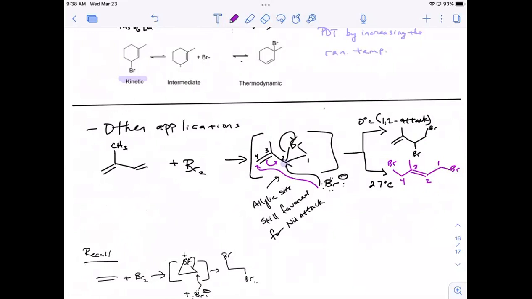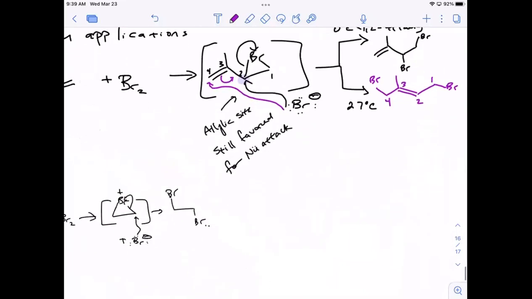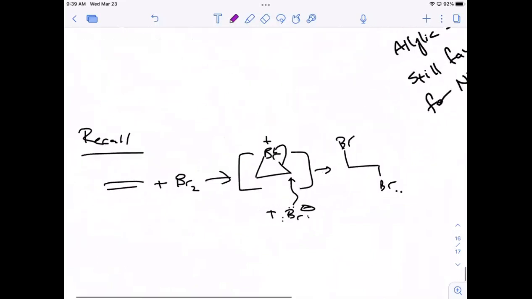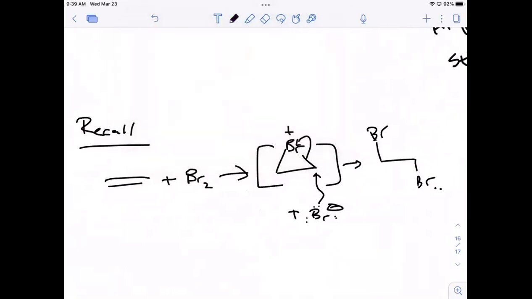And they may seem trivial, but these are really important precursors to a lot of other compounds that you could build. These are building blocks for other compounds. All right. Questions about anything we talked about, the thermodynamic control, kinetic control, and then all these halogenations are also either going to be thermodynamic or kinetic control based on the temperature.